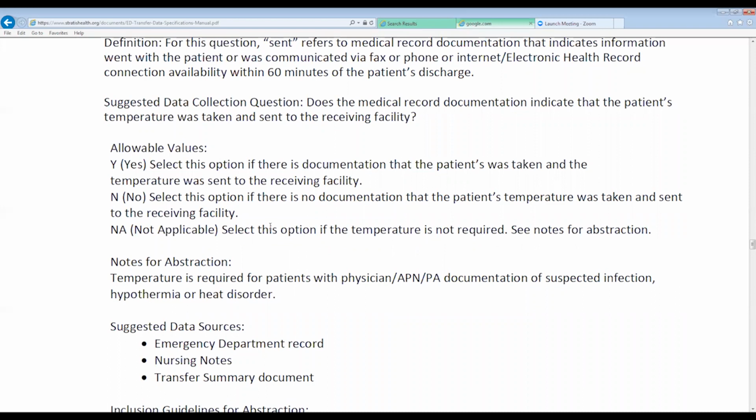The person came in with maybe just a sprained ankle. Don't give yourself a no if it isn't there, because it's not one of these reasons. But if it's there, I would just check a yes. But it's okay to do NA as well. NAs are considered yeses if you're worried about that in the scheme of how things are counted. But these are the only ones where there should be a temperature, and it should be sent, for these conditions.